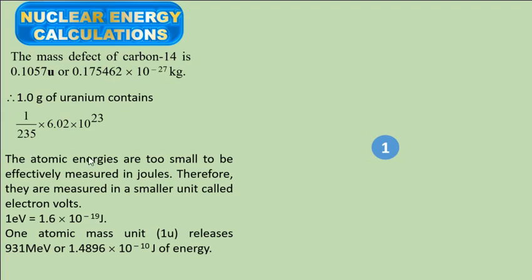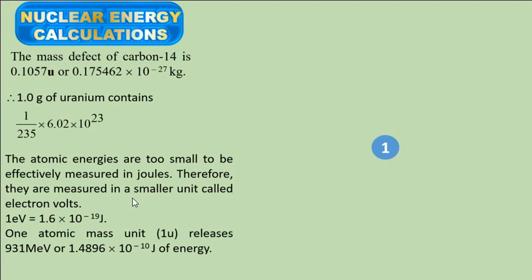Now, atomic energies are also too small to be effectively measured in joules. Therefore, they are measured in a smaller unit called electron volt. I already mentioned that before. 1 electron volt is equivalent to 1.6 times 10 raised to the power minus 19 joules.